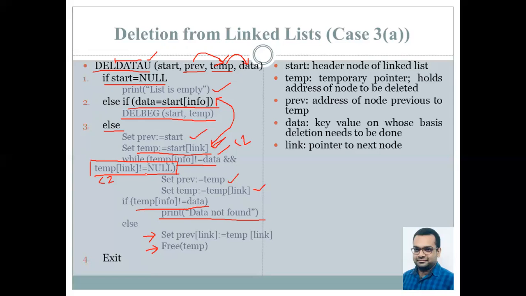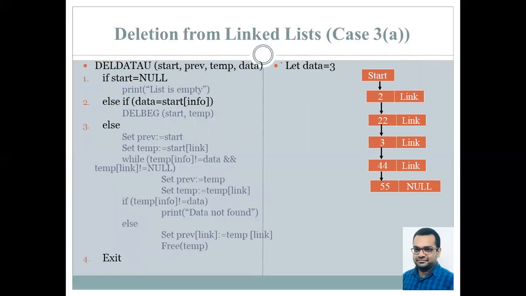Let's see an example. Let's say the data value that needs to be deleted is 3, and we are given this linked list. Clearly we can see that start is not null, and data is not equal to the start info. Therefore, these two statements are not executed. Control jumps to the else part.